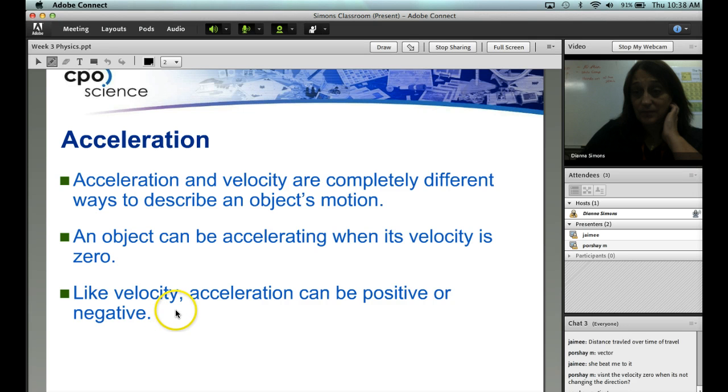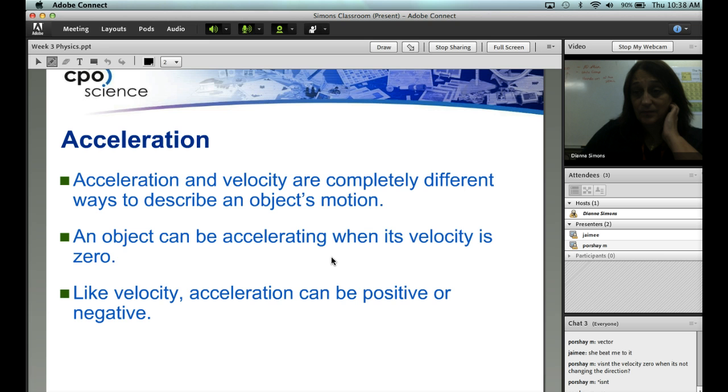Can the velocity be 0 when it's not changing position? The only way that that's happening is if you're just standing still, if you're not moving. Does that make sense? But the second bullet here is talking about when something is moving.